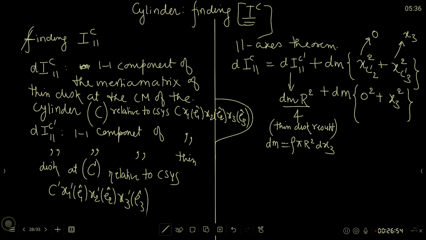Okay. So dIC11 is rho pi R square dx3 R square by 4 plus rho pi R square dx3 times x3 square.